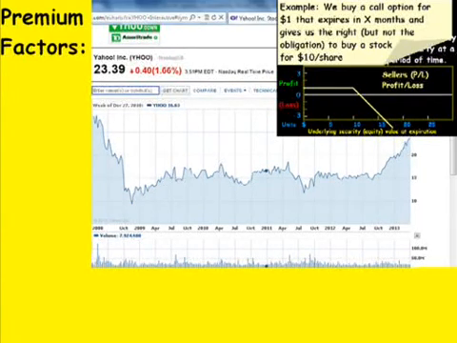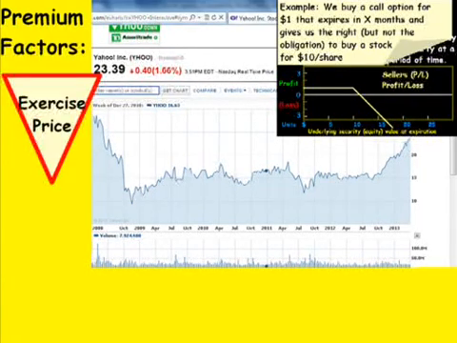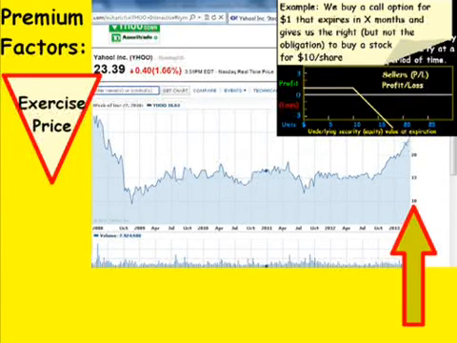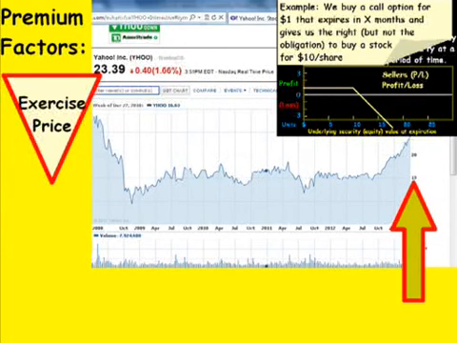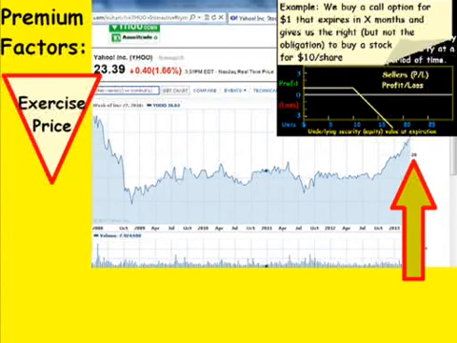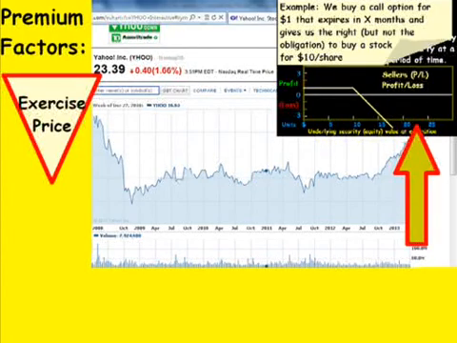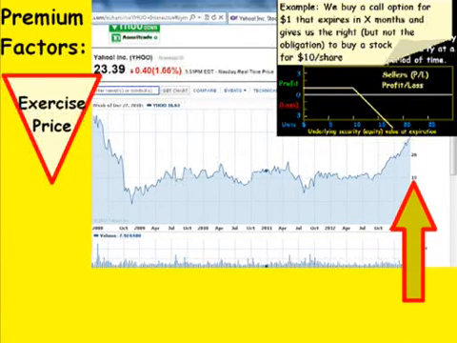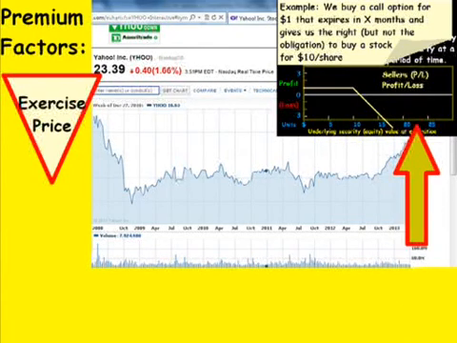The first factor that affects the premium is exercise price. Now, the higher the exercise price, all else being equal, the lower the premium. So the higher the strike price or the exercise price, the lower the premium is going to be.